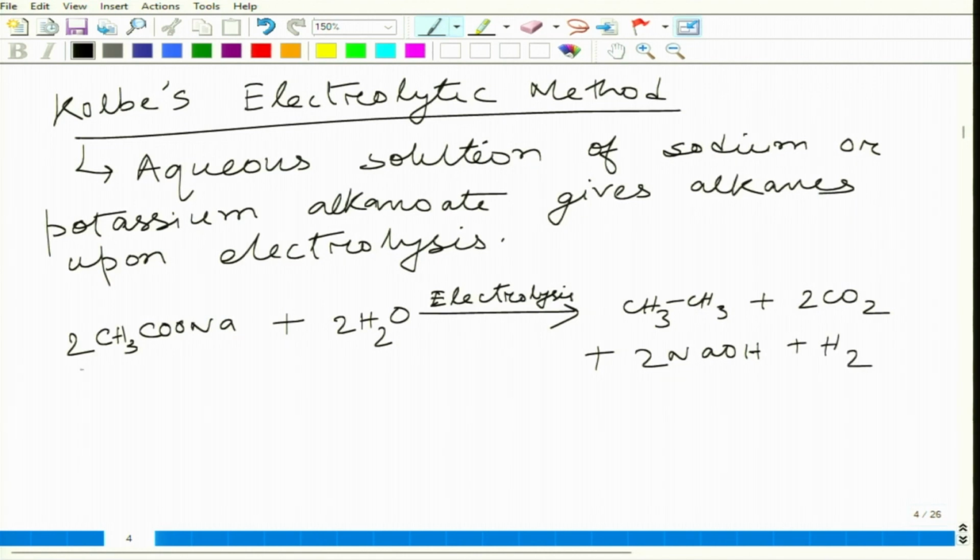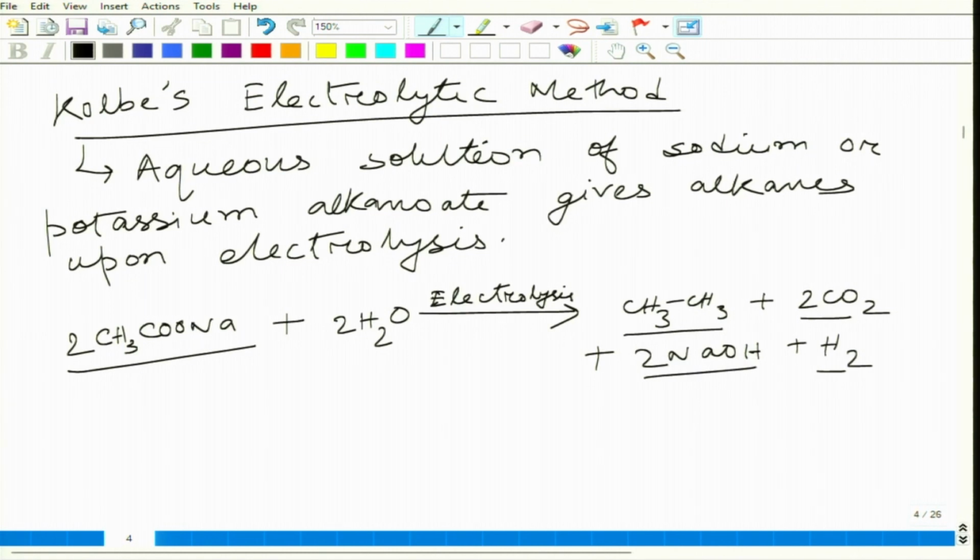Okay. So, 2 moles of sodium acetate in presence of water, and when electrolysis is done, we get ethane along with 2 moles of carbon dioxide, hydrogen and sodium hydroxide.